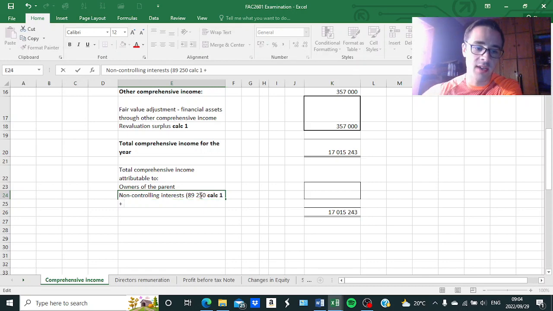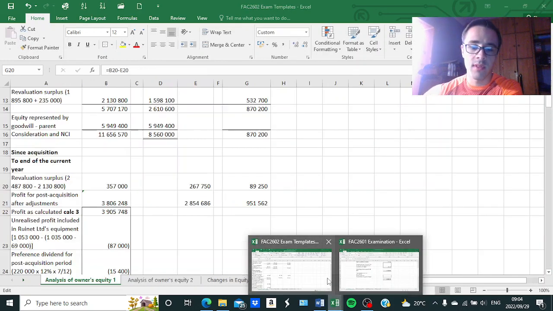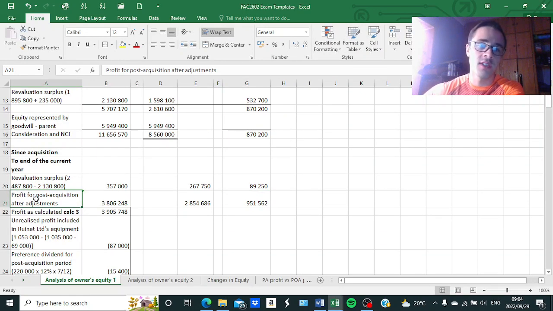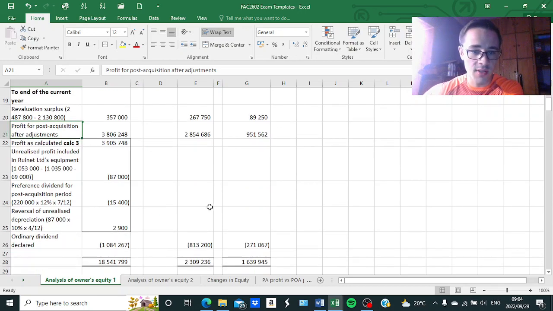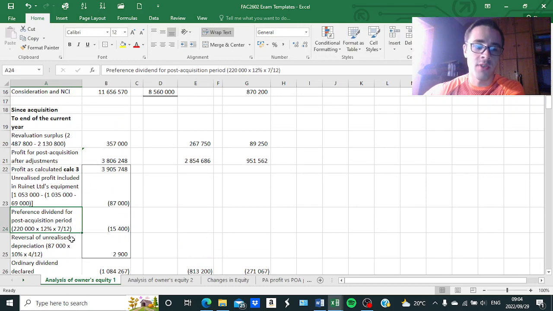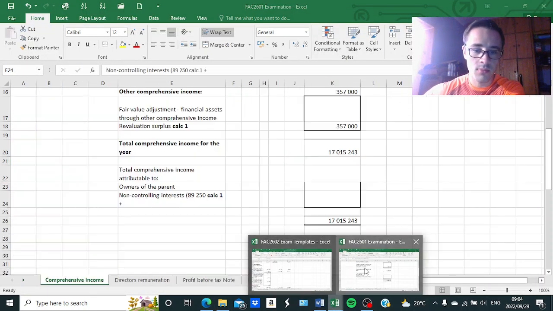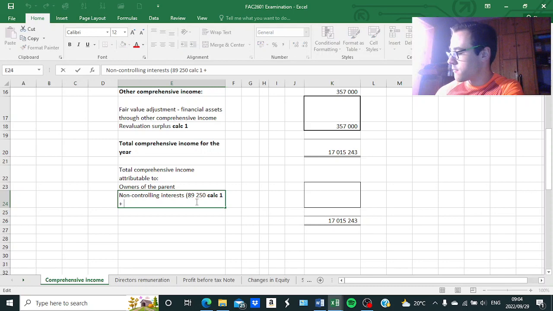Then we add the NCI share in the profit after adjustments have been made, so after adjusting unrealized profits and unrealized depreciation, and after we have removed the preference dividend for the post-acquisition period. We add the amount of 951,562, according to calculation 1.